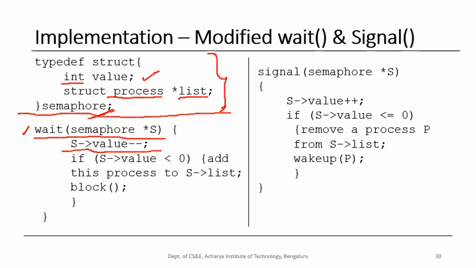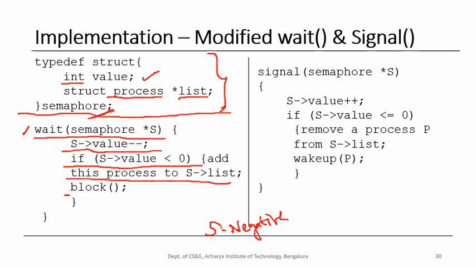So the value of the semaphore might become negative, which we will see. After decrementing the value of the semaphore by 1, it looks at the value. If it is less than 0, then the process is pushed to a waiting queue, and a pointer to its PCB is added to this list.